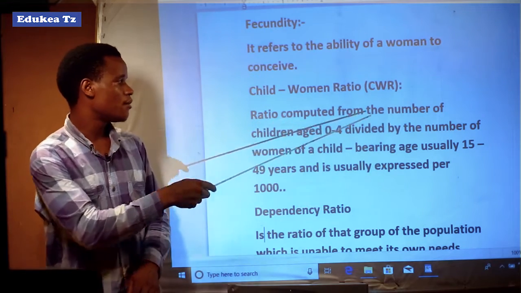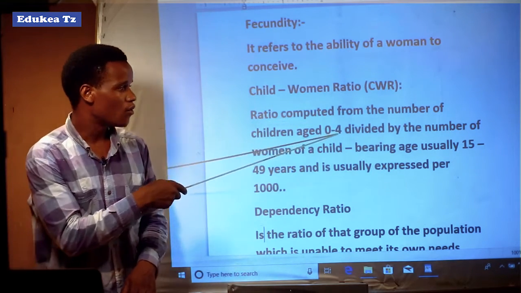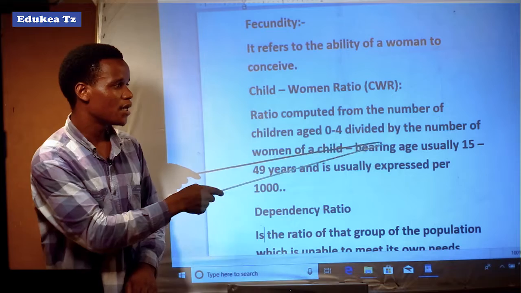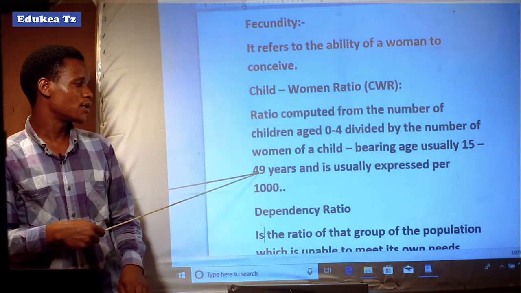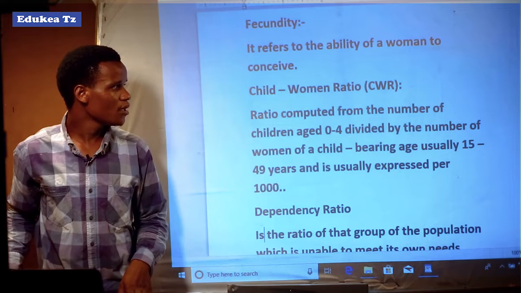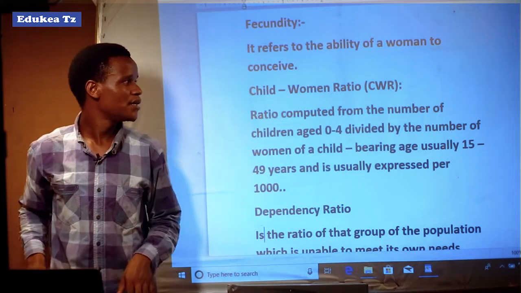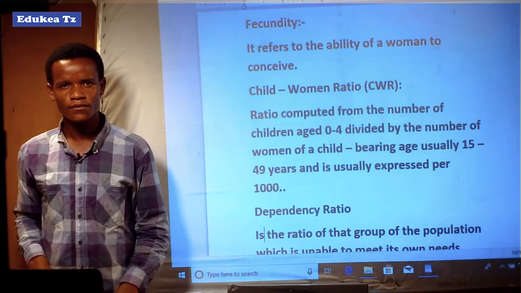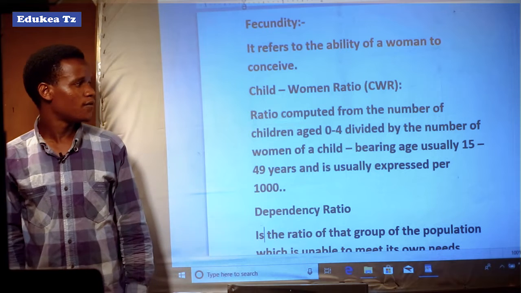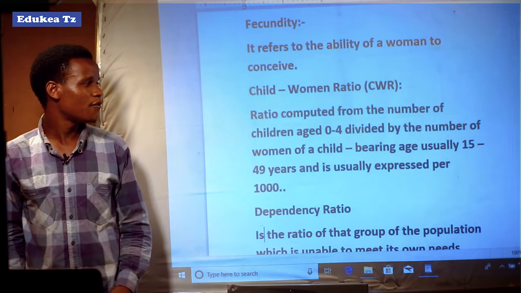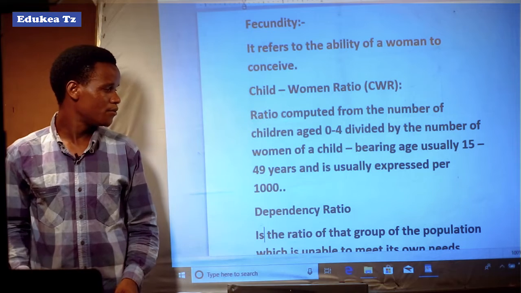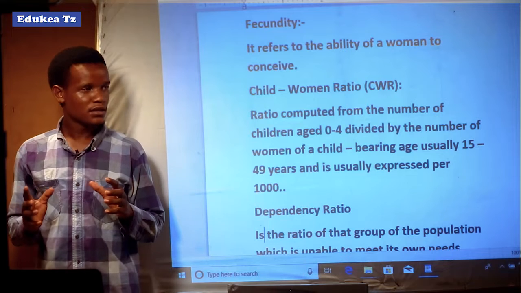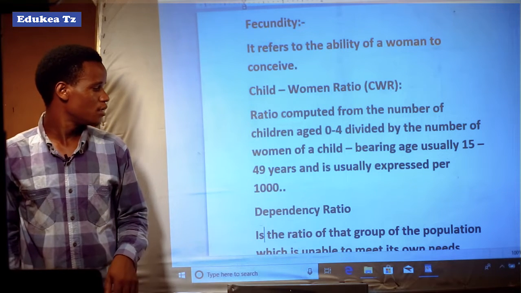It is a ratio computed from the number of children aged 0 up to 4 divided by the number of women of child-bearing age, usually 15 up to 49 years. Here we look at the ratio between the children and the women, so this ratio is categorized as the child-woman ratio.